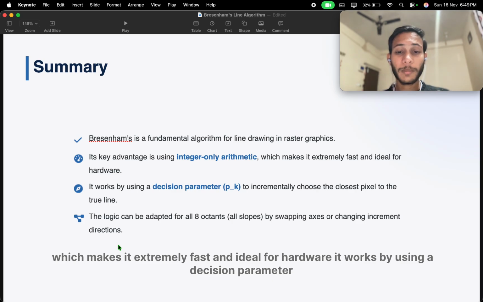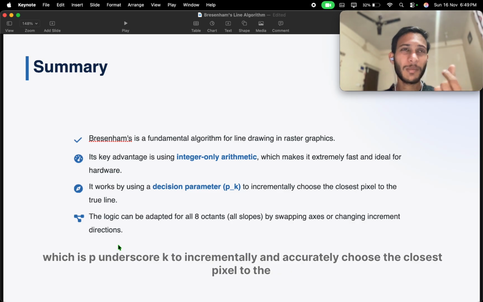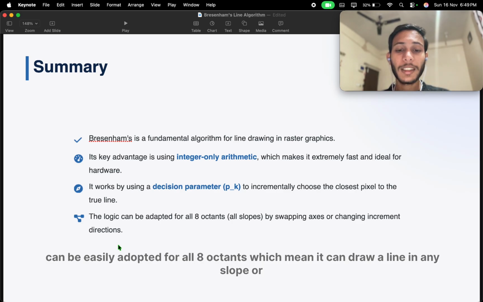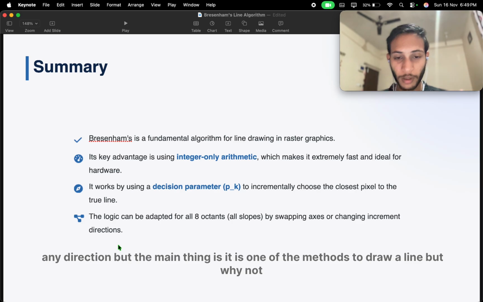It works by using a decision parameter, p_k, to incrementally and accurately choose the pixel closest to the true line on the grid at every step. And finally, while we only looked at one case, the logic can be easily adapted for all 8 octants, which means it can draw a line in any slope or any direction.